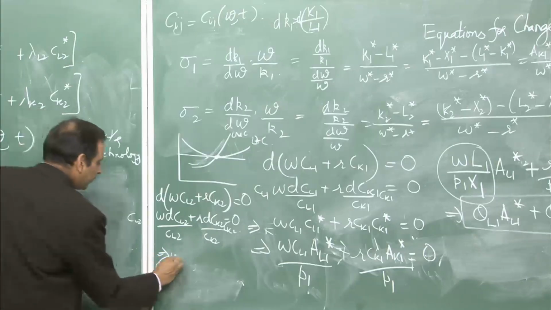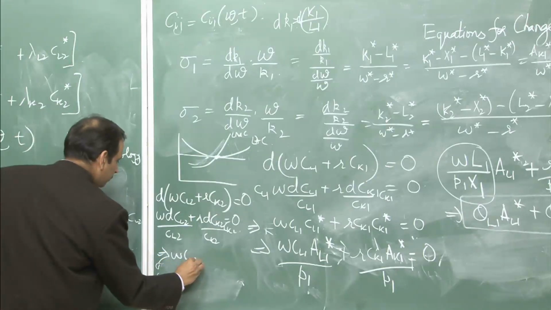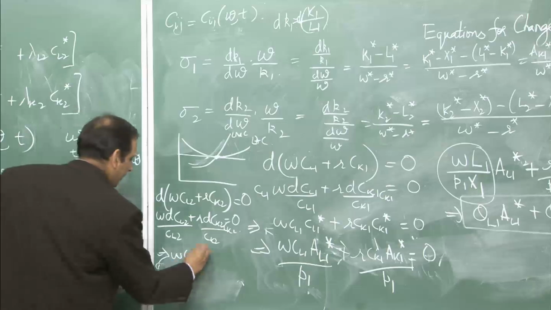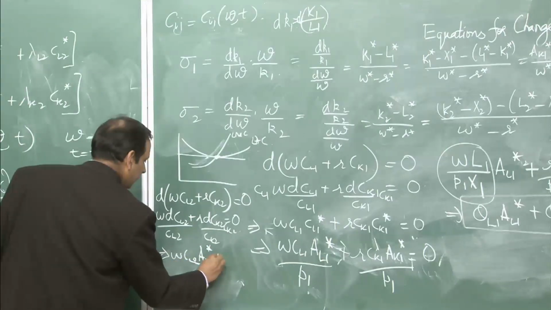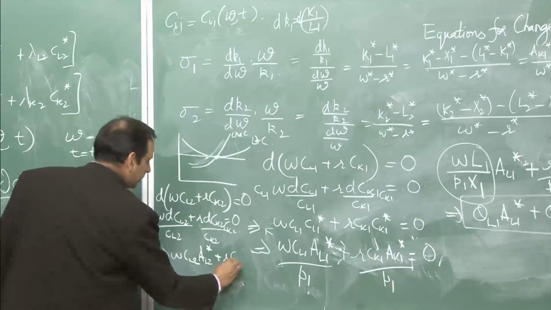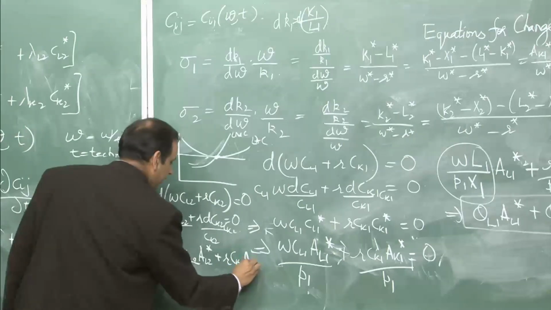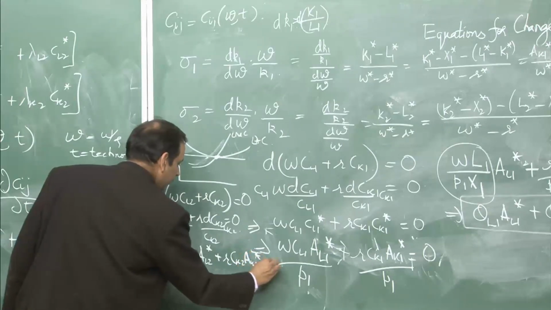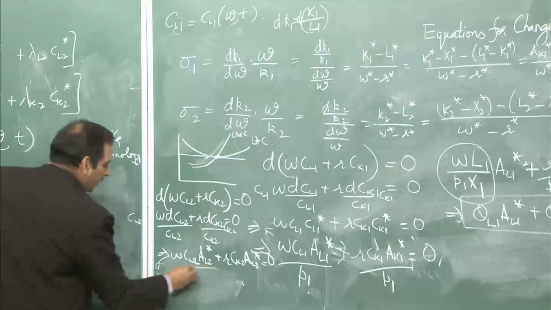So, you get W CL2 AL2 star plus R CK2 AK2 star equal to 0. Divide by P2.